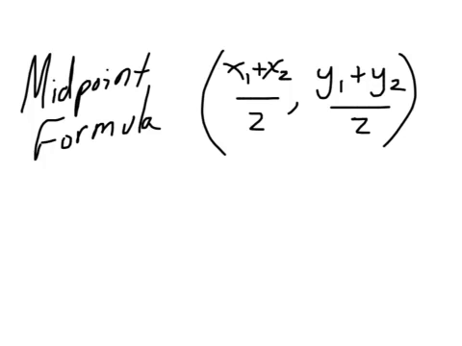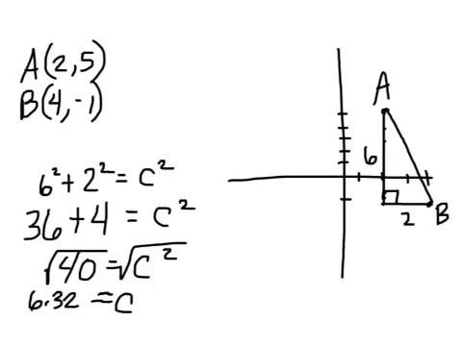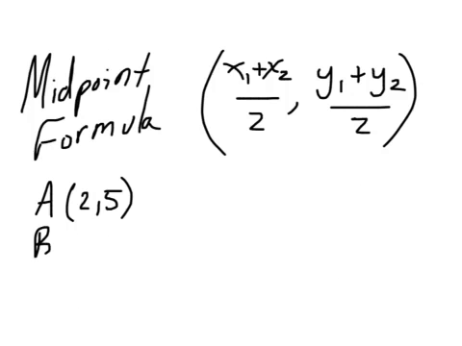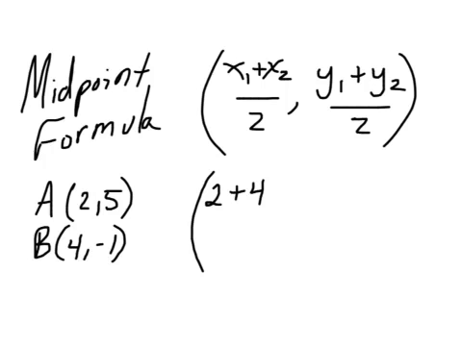It's a point. So if we use that same 2 points, A was 2, 5, and B was 4, -1, we're going to find the middle point. To draw this would be kind of hard to do, but the formula is fairly simple. 2 plus 4 over 2.